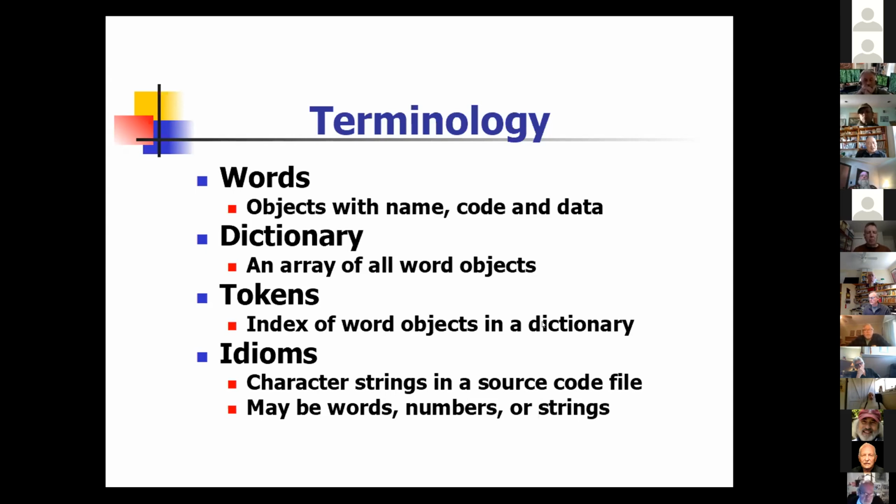A dictionary is an array of all word objects. And tokens are the index of word objects in the dictionary. I want to specifically use the term idioms, which means character strings in a source file which get parsed out. And idioms may be words, numbers, or strings.